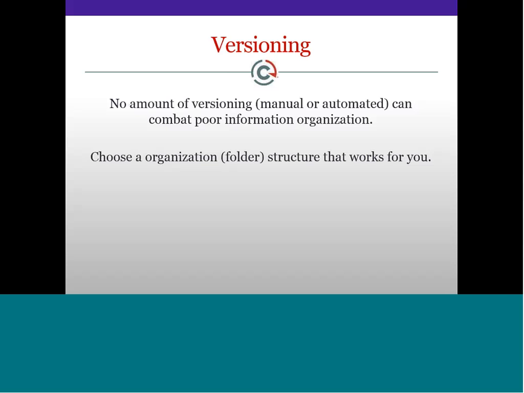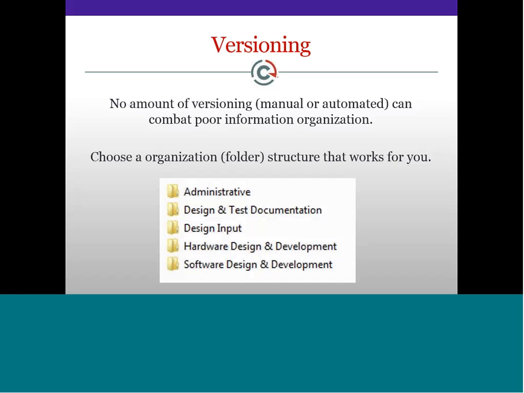Choose something that works for you and stick with it. Here is an example that works for us, and again, that's an example only. That same thing might not work for you. So let's get to the point first where you have a good structure of where you are putting things, and then let's move forward from there.